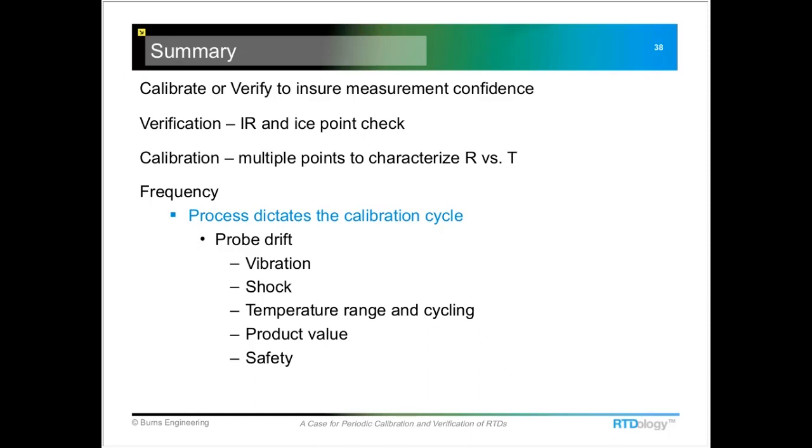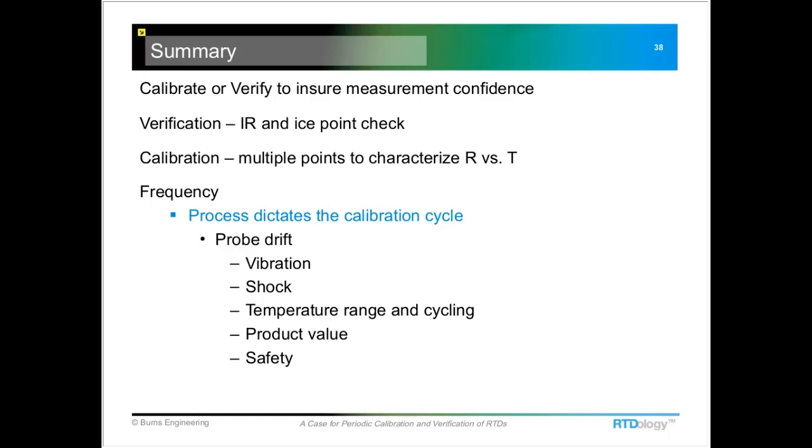With a full calibration, you can usually get resistance versus temperature table printed out, and it might be in 1 degree C increments or 1 degree Fahrenheit, or even fractions of a degree. If you want to really see a kind of a visual characterization of what that temperature probe is doing.